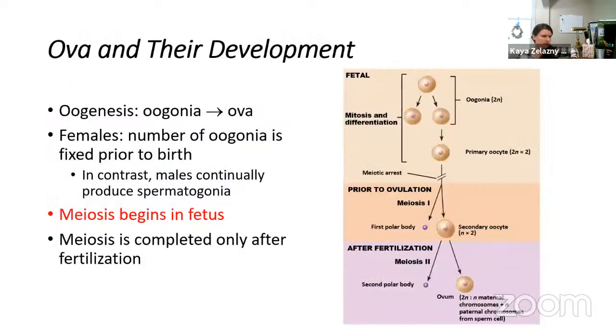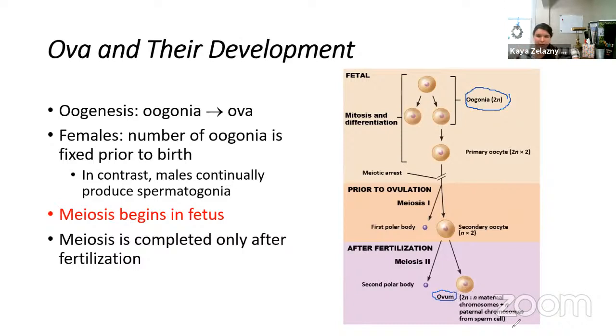But let's look back at the follicles and let's look at the development of that internal cell, the one in the middle, the oocyte. Ultimately, just like we went from spermatogonia to actual mature sperm in males, in females we're going from oogonia to mature ova, which is the plural of ovum.